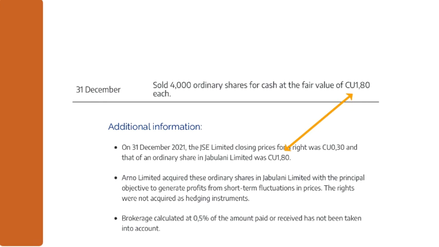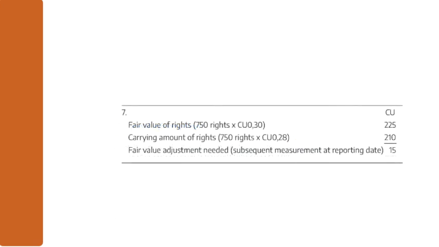If we have a look at the rights, your rights only expire in the next reporting period. That means on 31 December, our reporting date, we do still have the rights, and we have to do a fair value adjustment on our rights account. The calculation of the fair value adjustment on the rights is done in Calc 7.